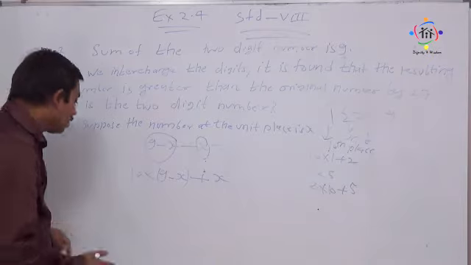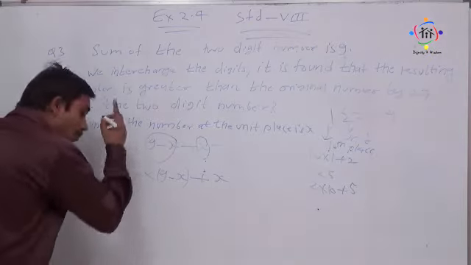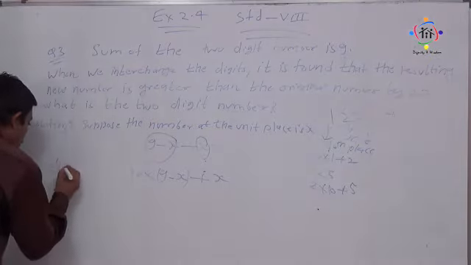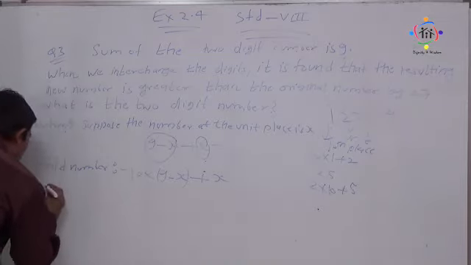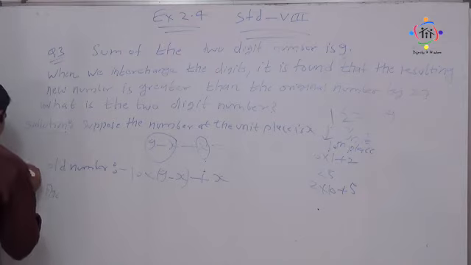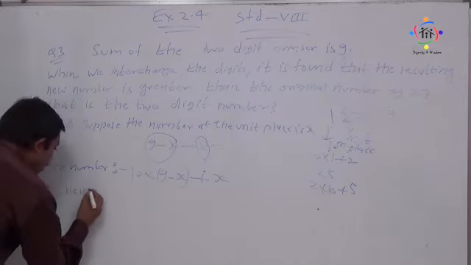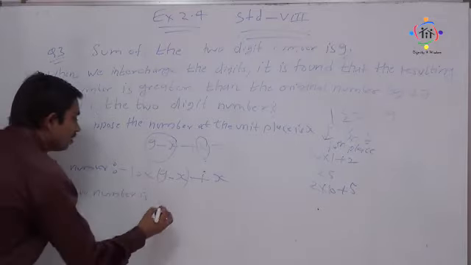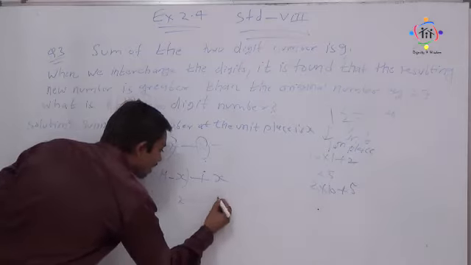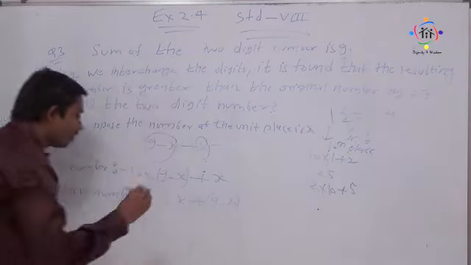Now I am writing the new number. This is now the old number. The new number is x plus 9 minus x.